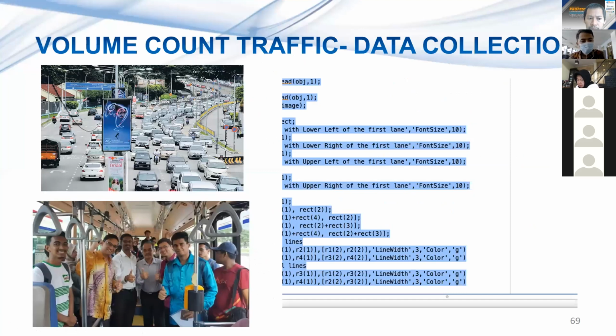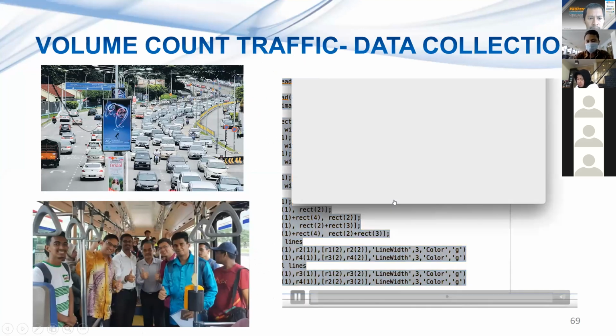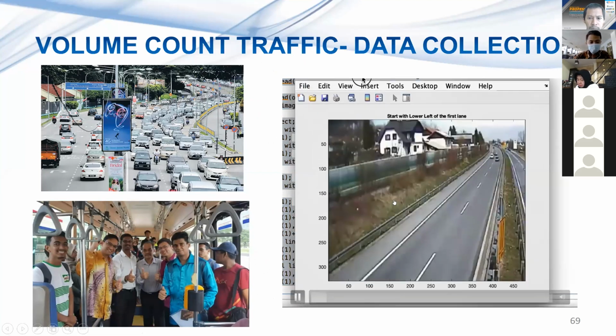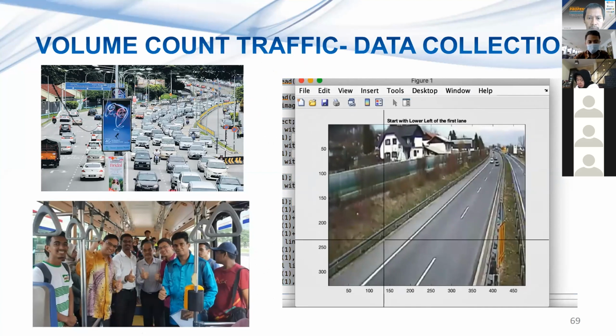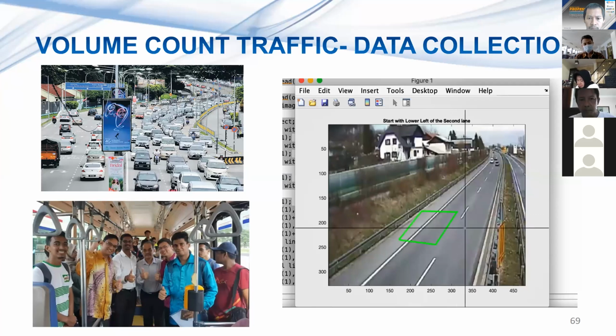And this is one of the simple artificial intelligence systems that we can do for volume count traffic data collection, what I am currently doing for Penang data. It is not considered simple, but it is a so-called simple transport counting system. Currently in Malaysia, I don't know about Indonesia or California, but in Malaysia, they take manual data.